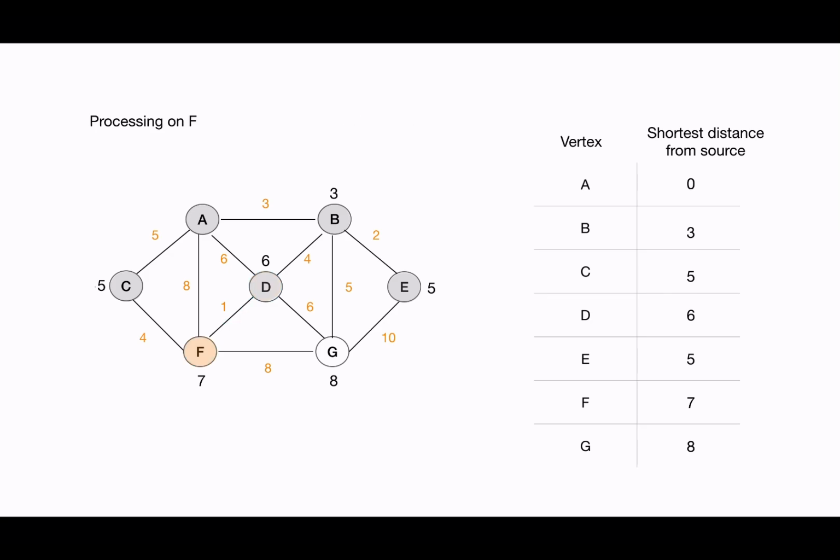Where A and C are already visited, and for D, it is 8 plus 1, which is greater than 6, so we won't update. For G, it is 8 plus 8, 16. Again, it is greater than 8, so we won't change it.